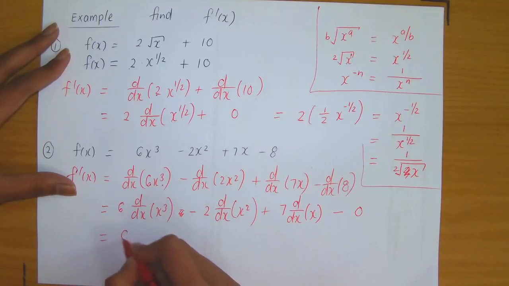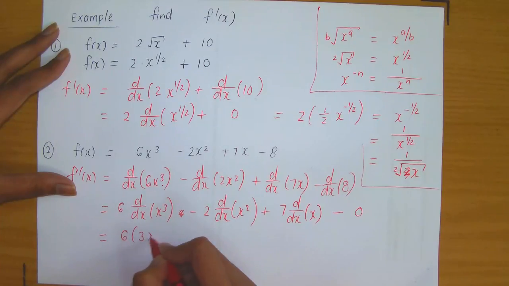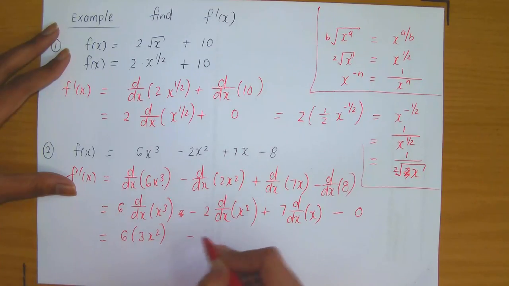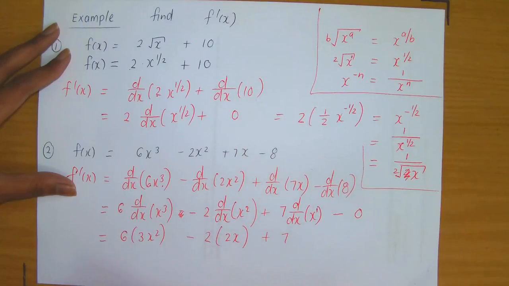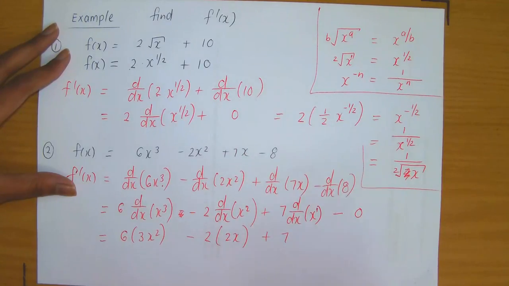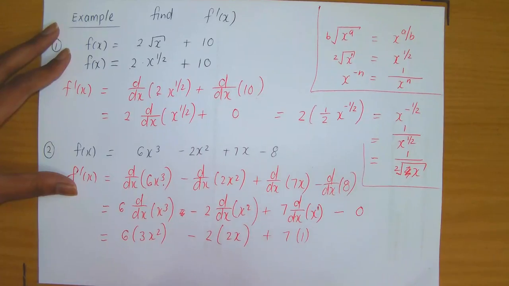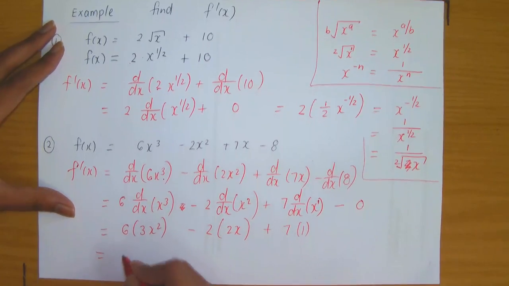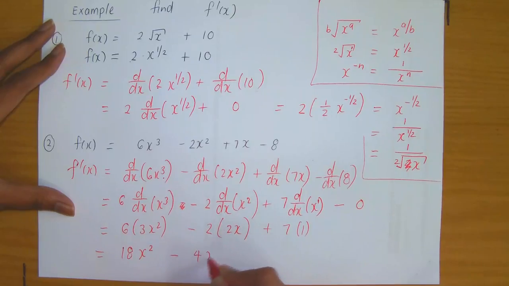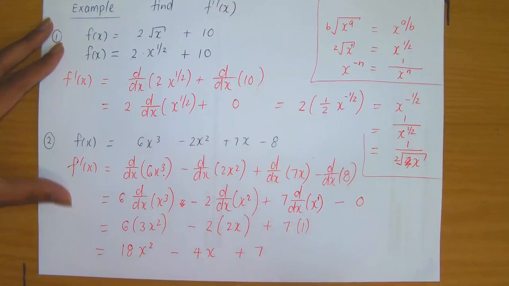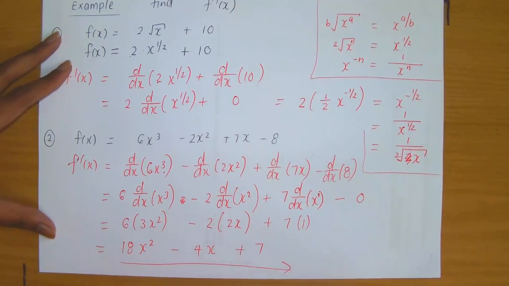So now computing everything, it's 6 times 3x squared. I've used the power rule here. 2 times, again power rule, 2x. And using the power rule once again, this is x to the power 1, so that just gives me a value of 1. And simplifying, 6 times 3 is 18, so that's 18x squared minus 4x plus 7. Right, and that is the final answer.